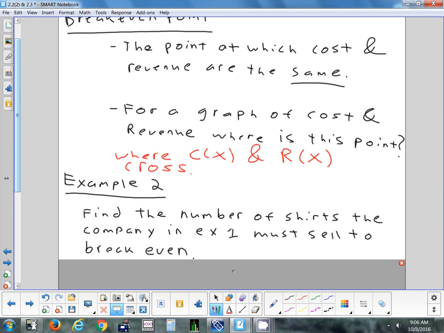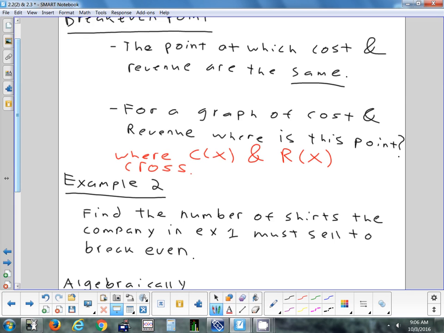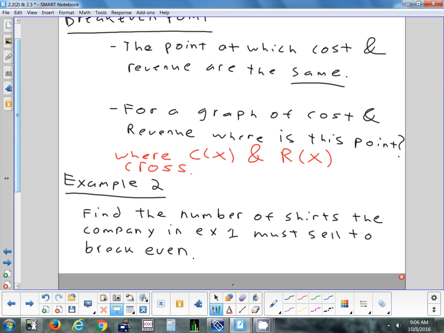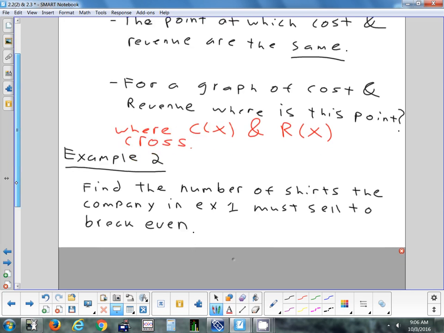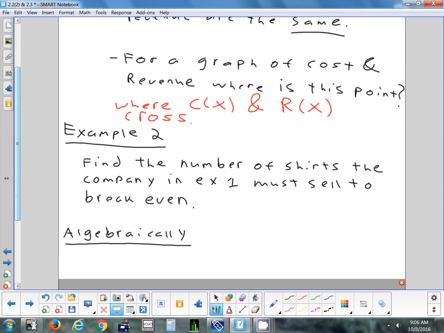We're going to figure out exactly how many shirts we need to make for the company to break even. Okay, and there's a couple ways we can do it. We can do it graphically. I think most people would know how to do it, but we can go through that. But first, I'm going to do it algebraically.